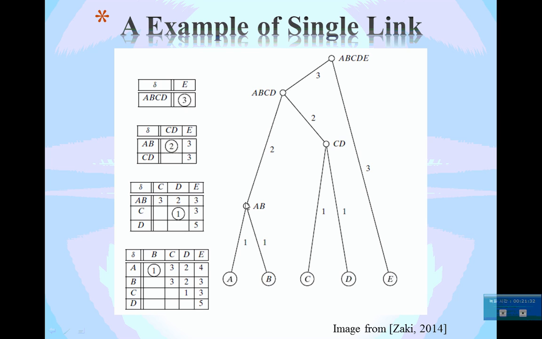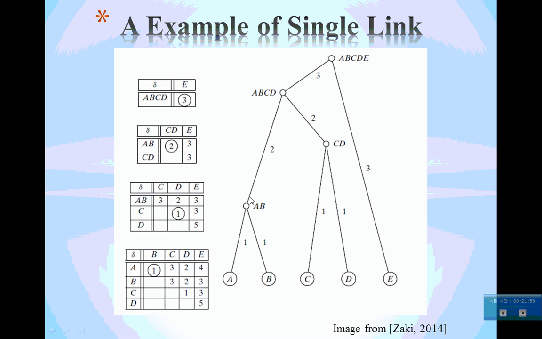Then these two will be combined into a new cluster. Next, C, D will be combined into a new cluster. Then we go to here. Finally, we have this one, this one, this one. Here AB to CD is 2, but CD to E is 3.